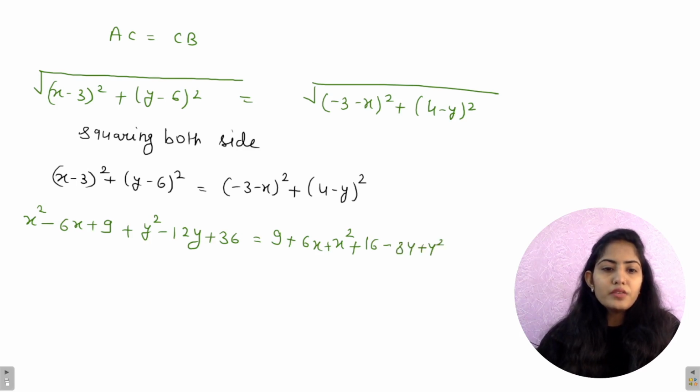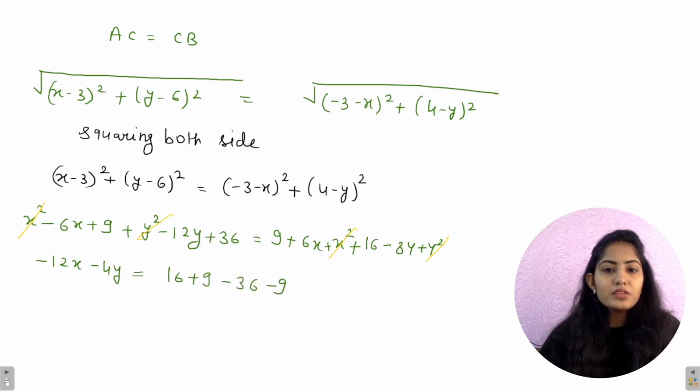When you observe it, x square will be cancelled out from this x square, and y square will be cancelled out from this y square. The remaining terms we will write in this direction. Minus 6x and minus 6x gives minus 12x, and minus 12y plus 8y gives minus 4y, and that is equal to 16 plus 9 minus 36 minus 9.